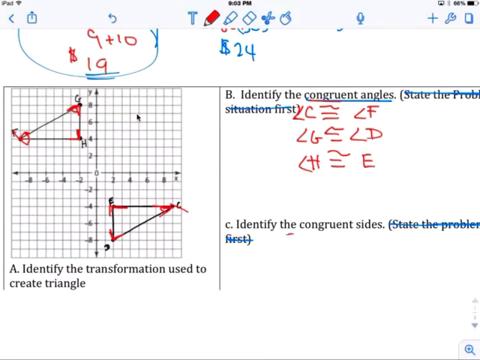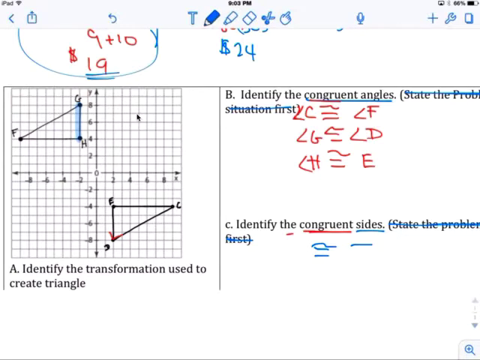Identify the congruent sides. Congruent is this sign. Side is the sign or line. Side and lines mean the same. So let's go to this side right here first.